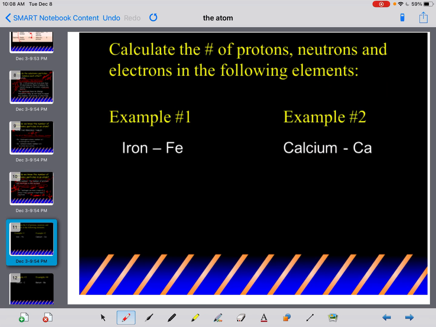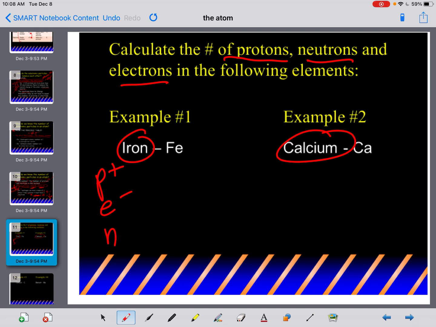So let's take a look at this. We're going to calculate the number of protons, neutrons, and electrons for the following elements. Notice how it just says iron or calcium. It's not saying iron with a mass of such and such, so I'm going to take the average of iron. I call these our PEN numbers because it spells the word pen: protons, electrons, and neutrons.